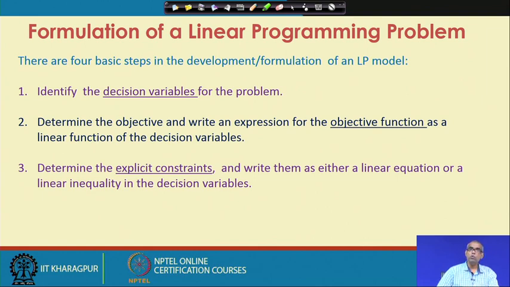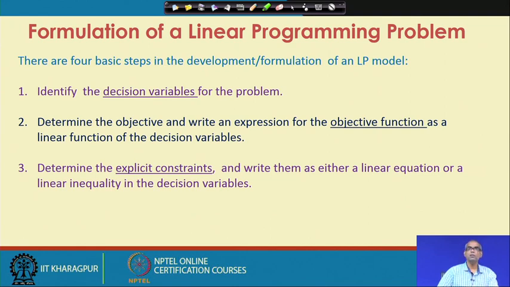We can say there are 2 types of constants, explicit constants and implicit constants. Explicit constants are those which are explicitly stated in the problem. Implicit constants are those which are not explicitly stated in the problem, but from common sense or general understanding of the problem, you will be able to formulate such problems.